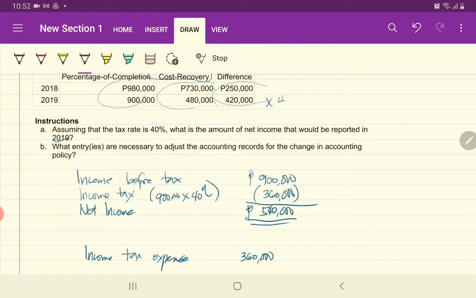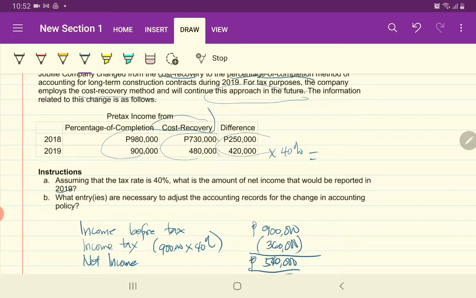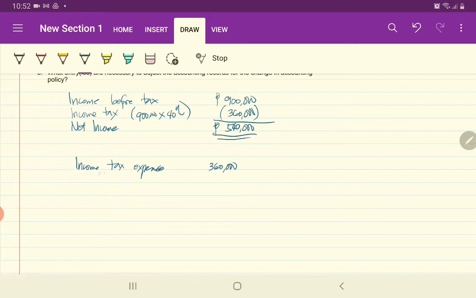So, ato lang siya i-multiply of 40%. 420,000 times 0.4, that is 168,000. Ayan. So, credit ta og deferred tax liability, 168,000.